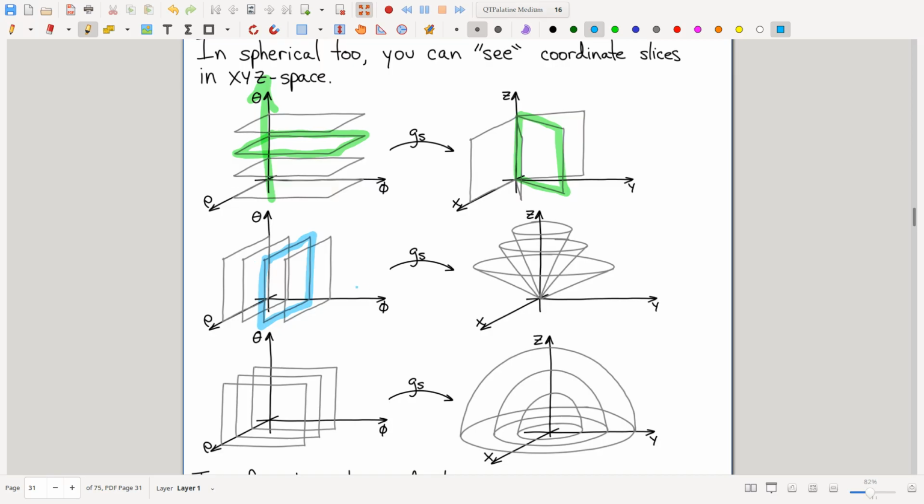Now, let's think for a second, what is a phi slice? A phi slice represents a constant value of phi. What does that look like in an XYZ world? Well, phi is the angle off of the z-axis. A constant value of the angle off of the z-axis is going to make a cone. Does everybody see that?